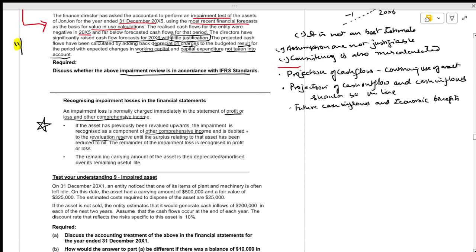Means if there is any surplus, from the surplus we have to deduct. The remainder of the impairment loss is recognized in profit. First we have to use the surplus account. The remaining carrying amount of the asset is depreciated or amortized over its useful life. This is the basic process where impairment of the assets will be treated in the financial statements.